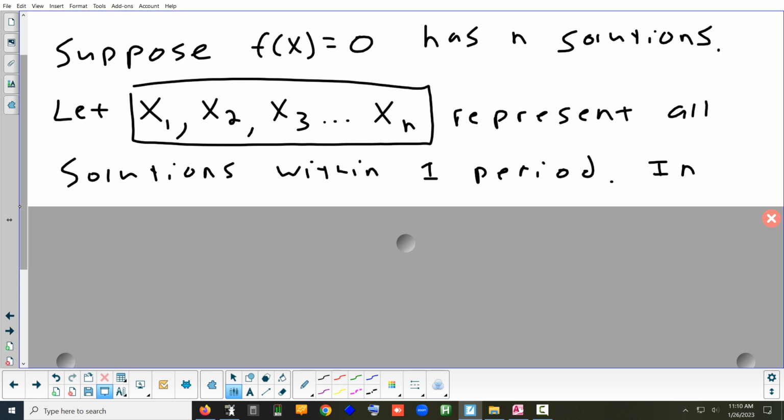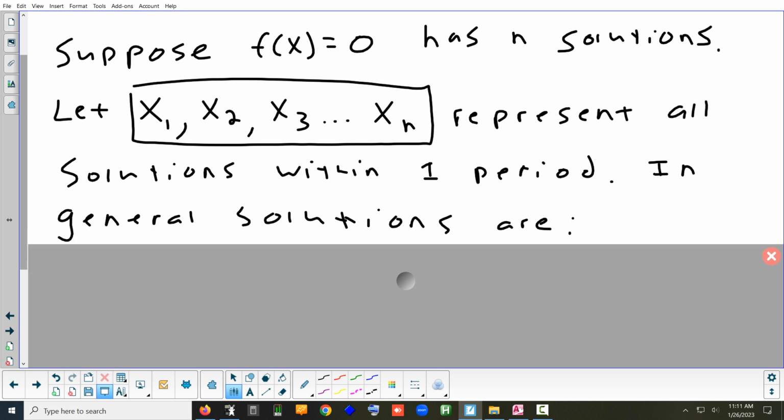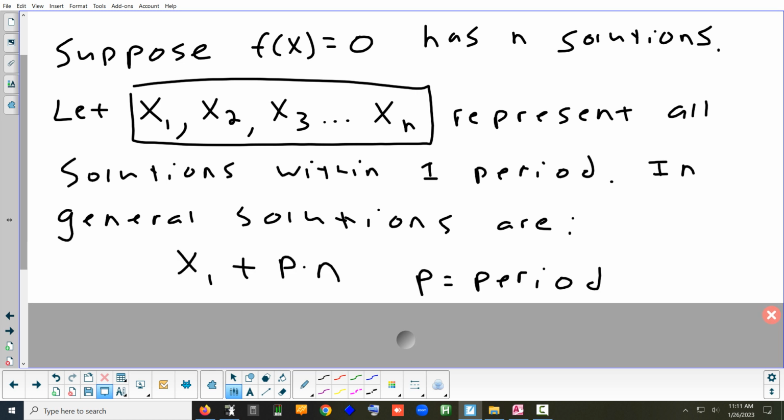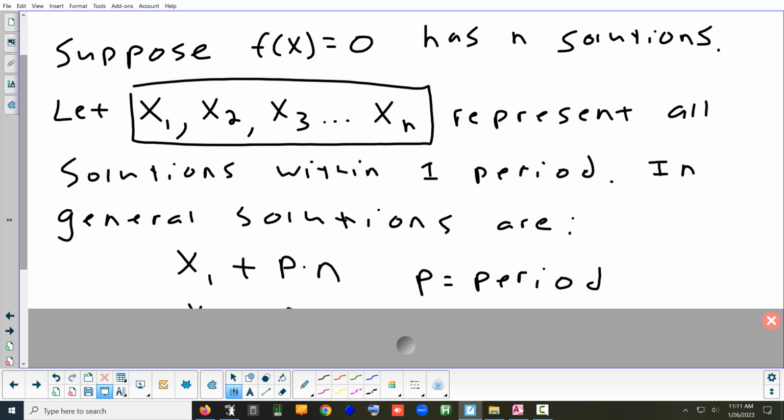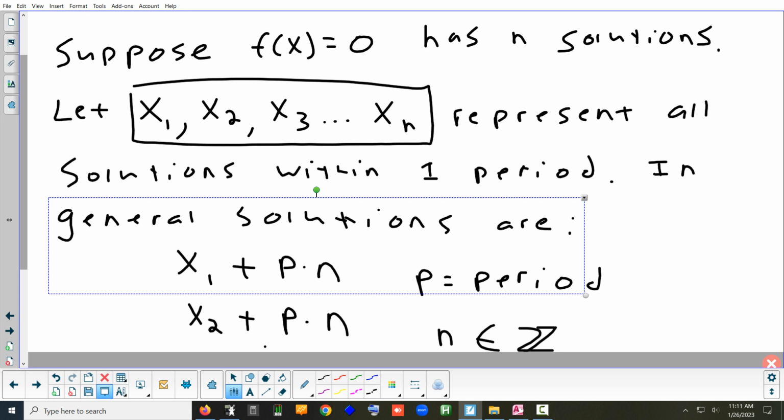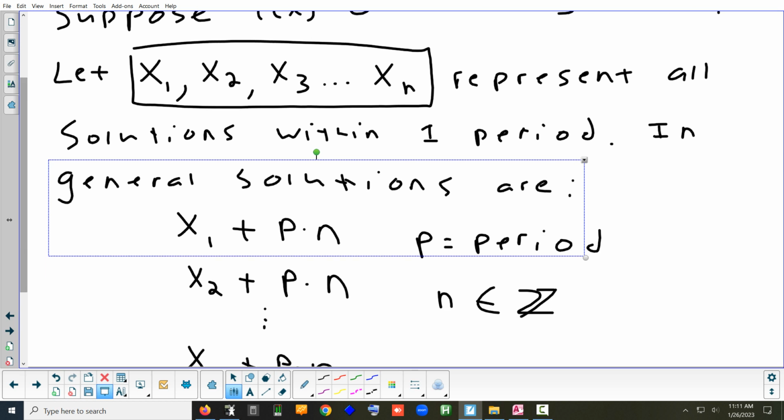If you want to represent all the solutions in general, not just within one period, you have to put what on the end of each solution? You can't just say put 2 pi n or pi n. We don't know that. All we know is you need to put plus the period times n on the first solution, the second one, the third one, fourth one, fifth one, however many you have.